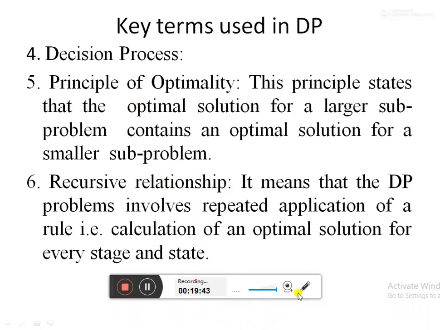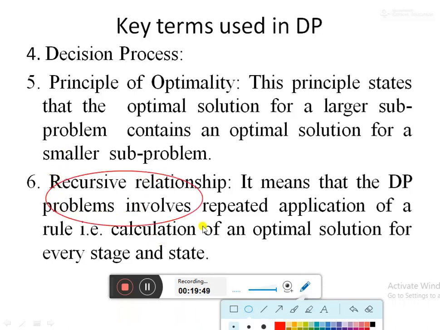The 6th major term that we would use while using dynamic programming is recursive relationship. It means that dynamic programming problems involve repeated application of a particular rule or a particular technique. Like we need to calculate the optimal solution for every stage and every state.